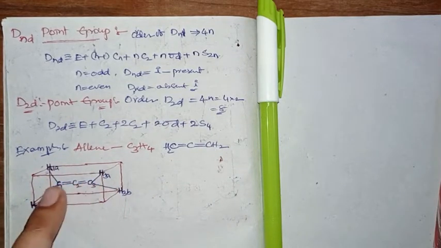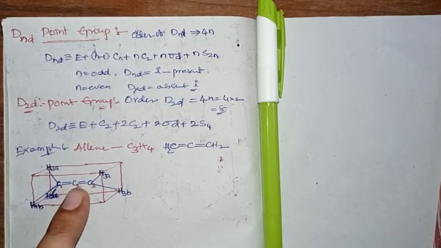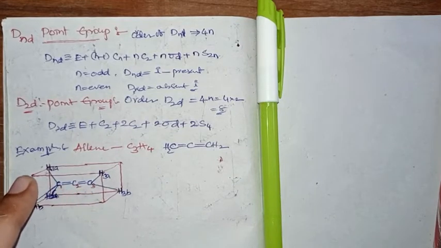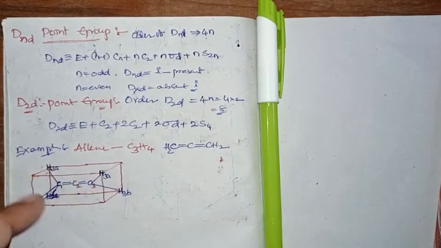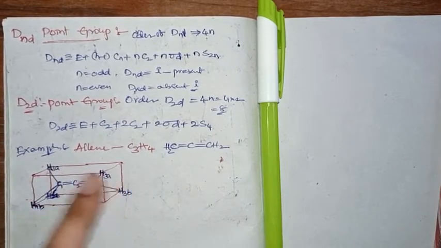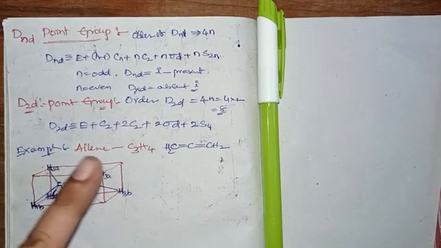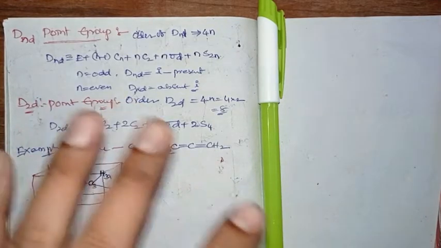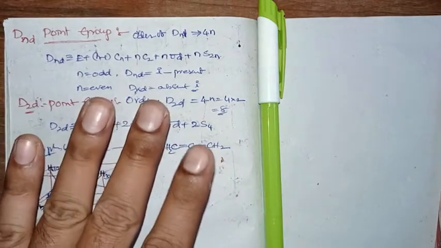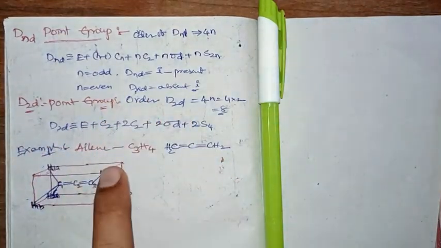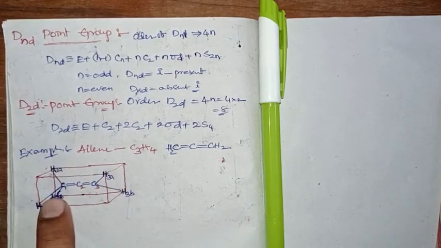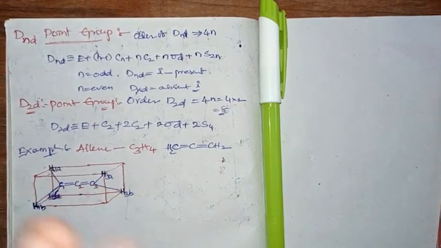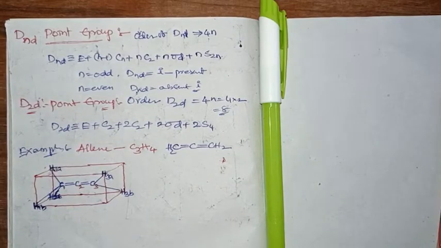At the middle there are 3 carbon sites. Altogether the rectangular cube will have 8 corners, and of these 8, 4 alternative corners will be occupied. In these 4 alternative corners, the 4 hydrogens will be arranged like this. So that's how the allene molecule is.